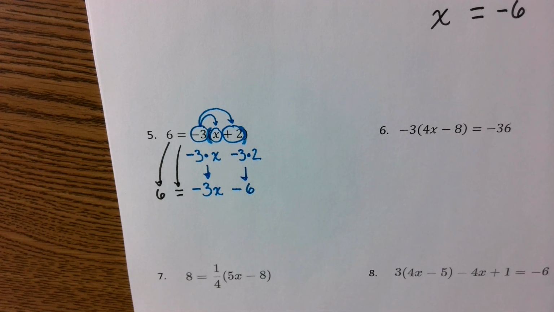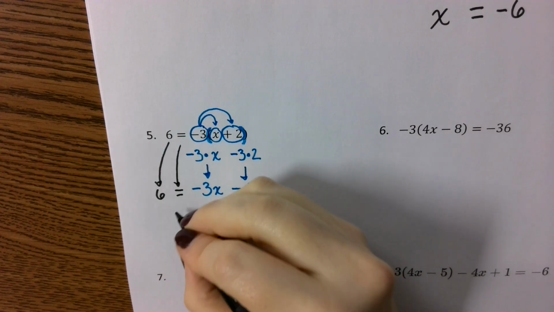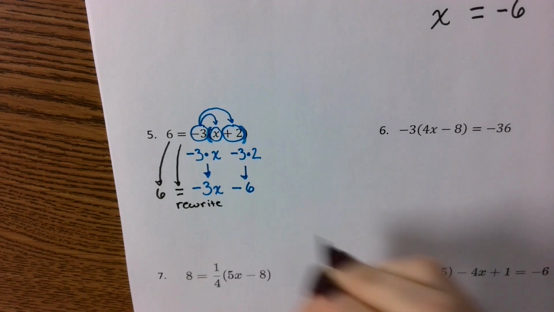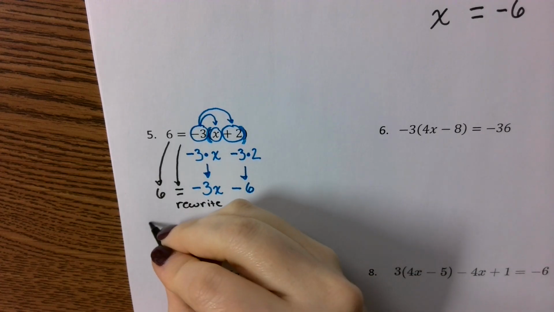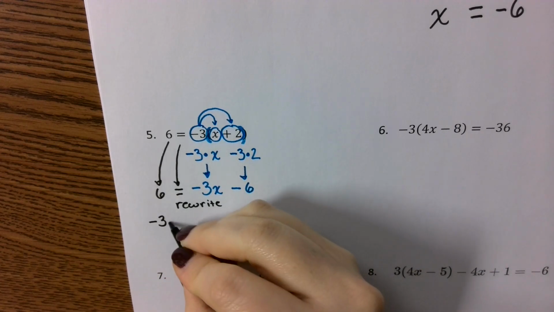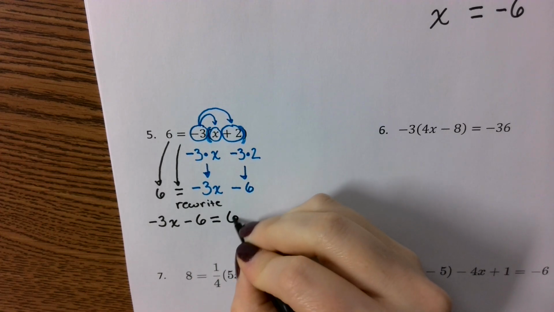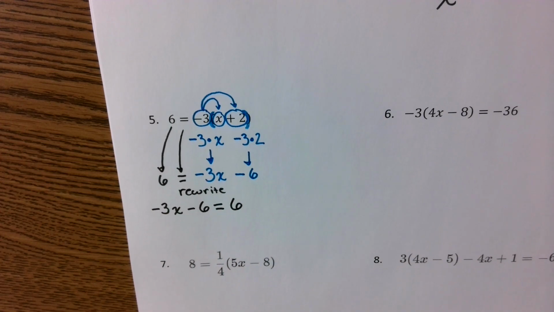Now we get to solve. What should I do? Rewrite. Good. We're going to rewrite. If the variable's on the right, we do a rewrite. Okay. Negative 3x minus 6 is equal to 6.